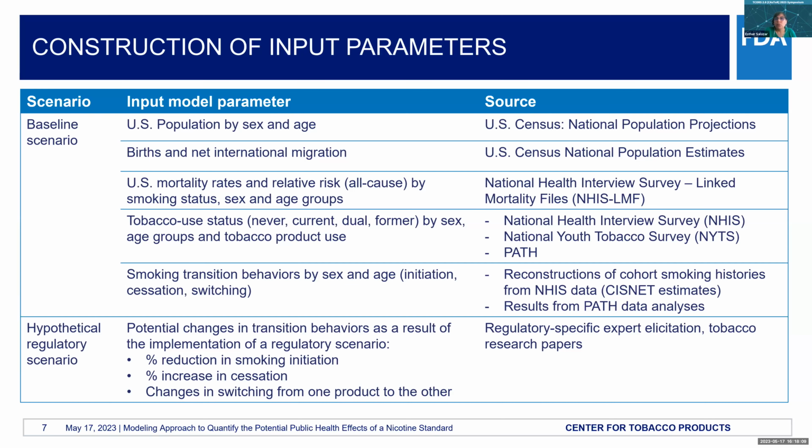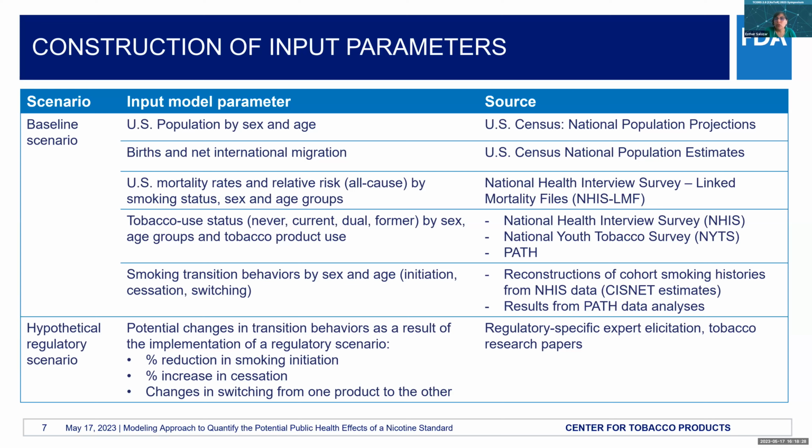Mortality rates and mortality relative risk for never, current, and former users of tobacco products can be derived from data from the NHIS, the National Health Interview Survey linked with National Death Index mortality data.